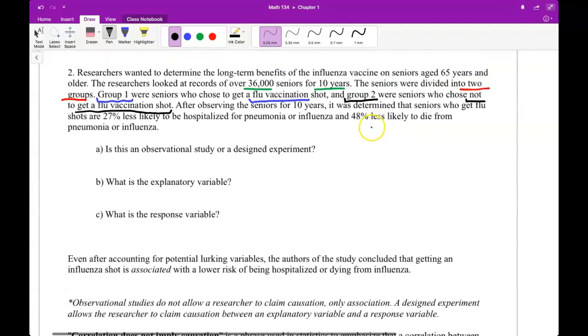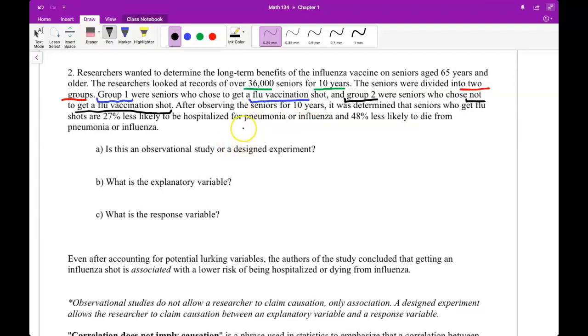Okay, so let's see what we have here. Is this an observational study or a designed experiment? Just remember that for a designed experiment, we should have some kind of treatment. There was no treatment on this part. They only have some information, some kind of data. No treatment was done here.